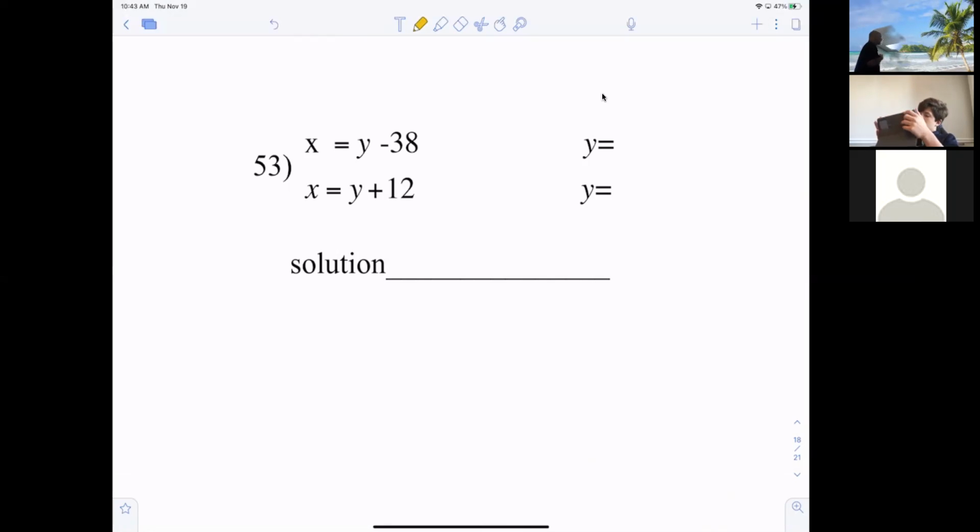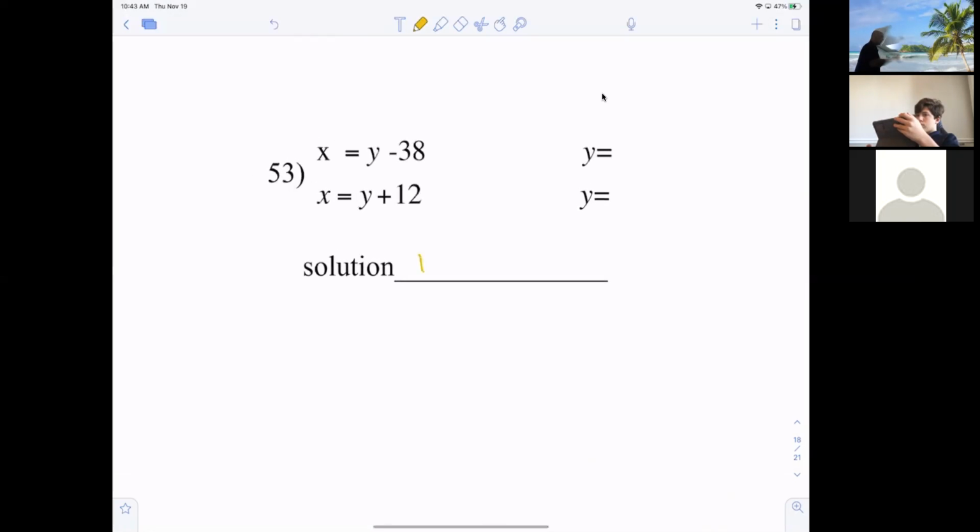Let me know when you get it. You get it yet? What is it? Parallel lines. Yep. I'm not saying he's right. Continue working.